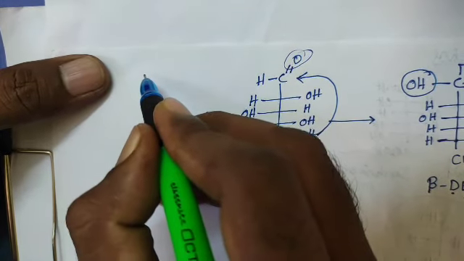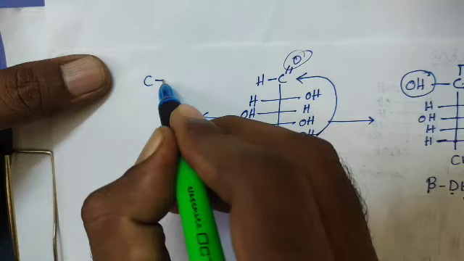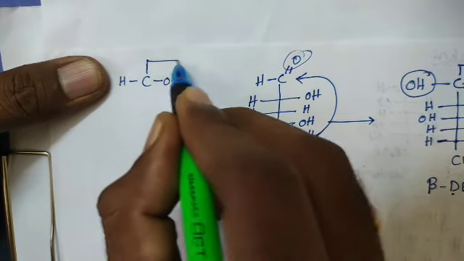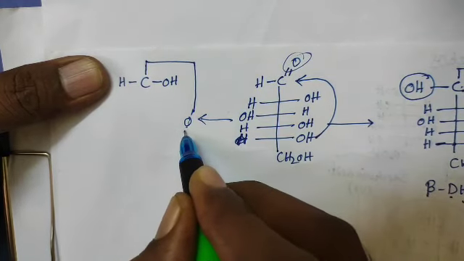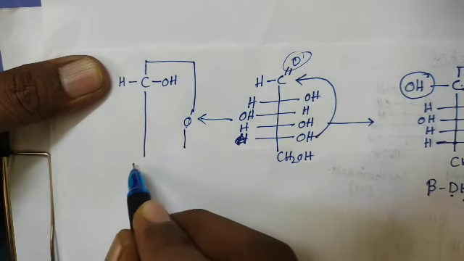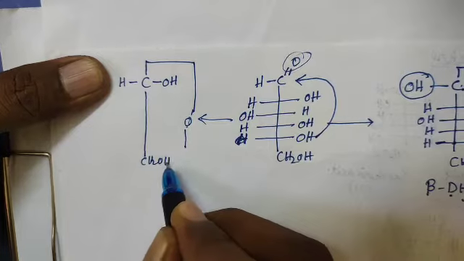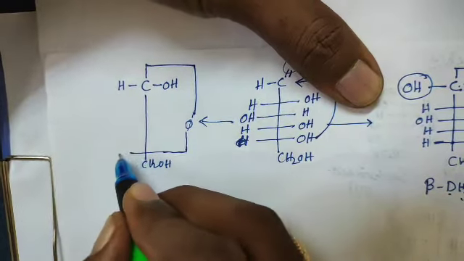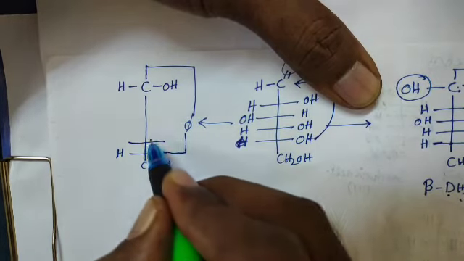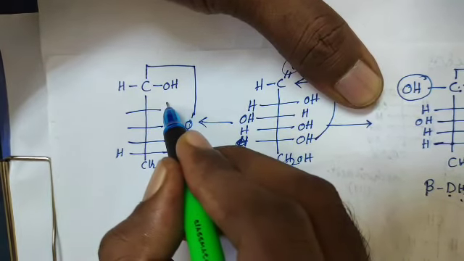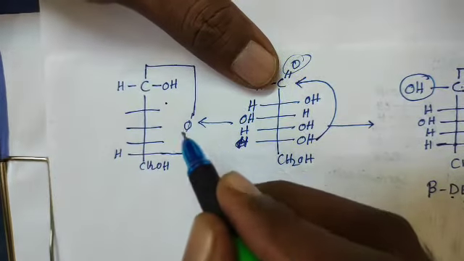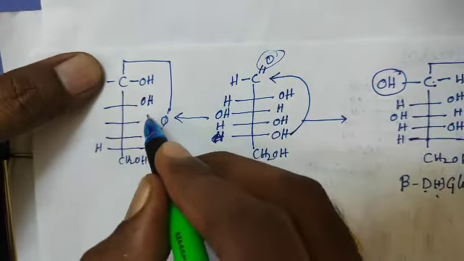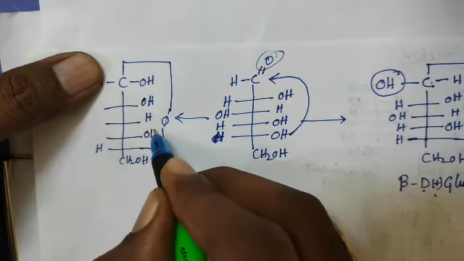Same structure, C, this side OH, this side H, here O like this. Then CH2OH. So here I am writing H, 1 2 3 4. Here HOH, here OH, HOH.